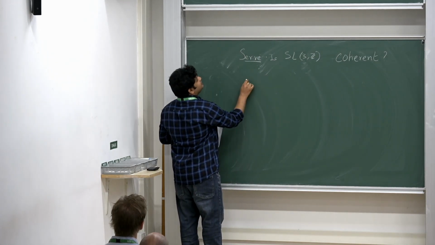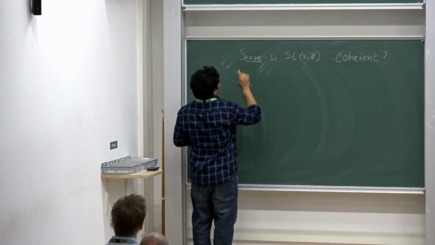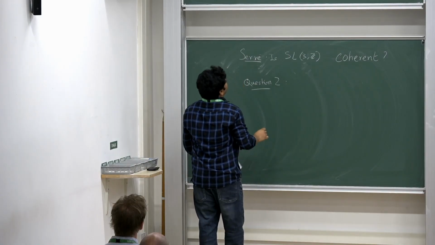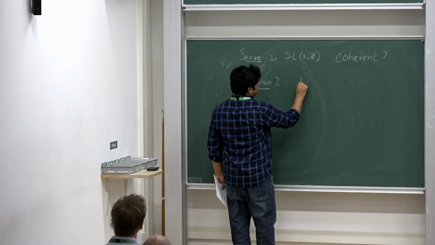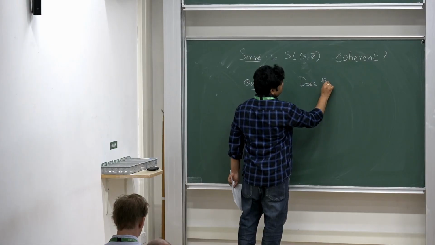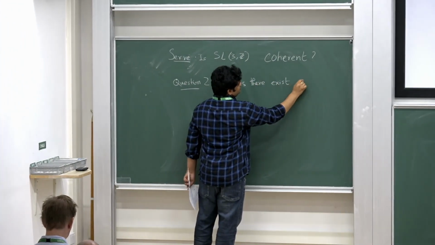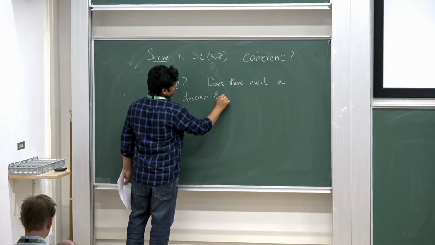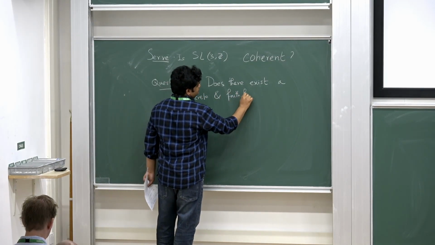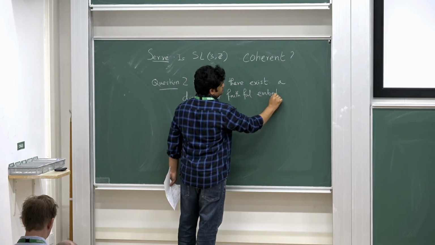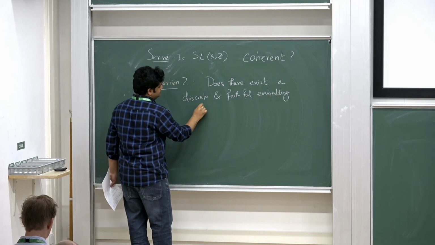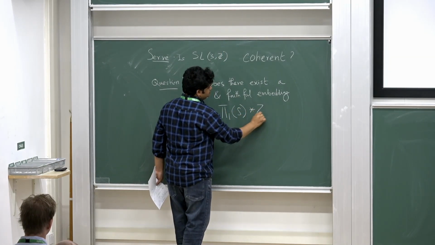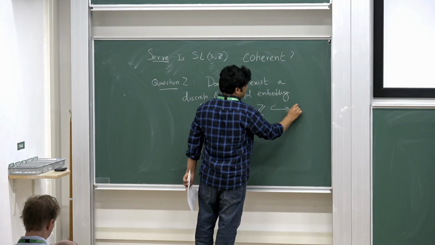Actually, one can generalize this question. So maybe this is question 2. Let's take this example. Does there exist a discrete and faithful embedding of this group inside SL3R?